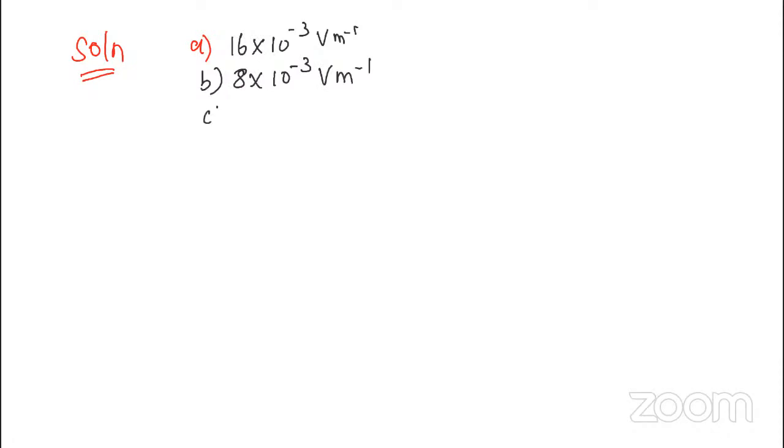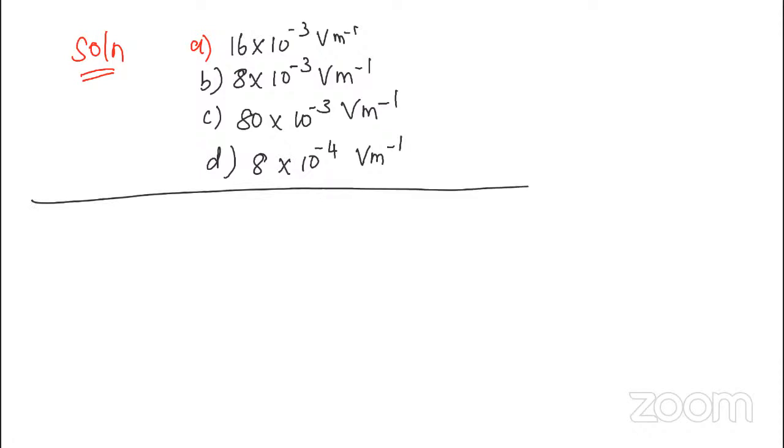Option C is 80 into 10 power of minus 3 volt per meter. And D is 8 into 10 power of minus 4 volt per meter. So first write down the given values. What are the given values?